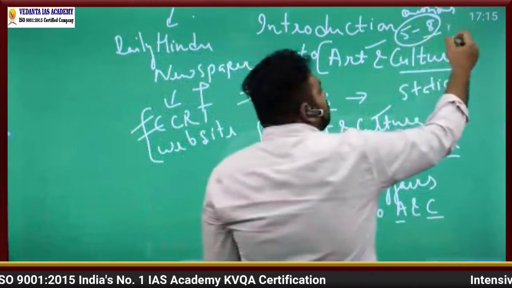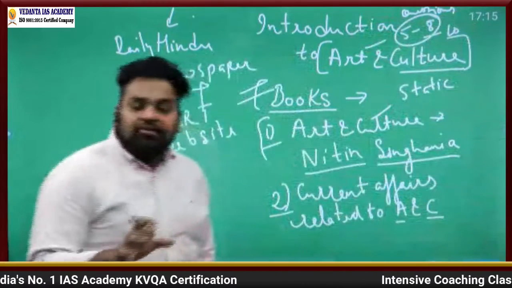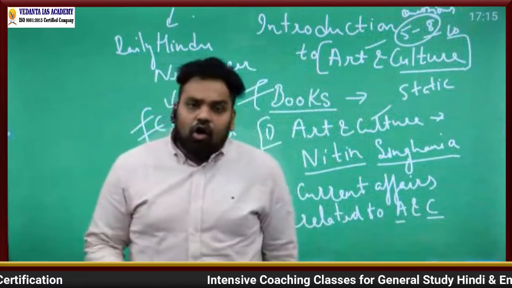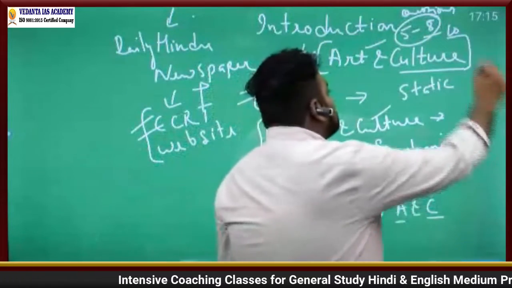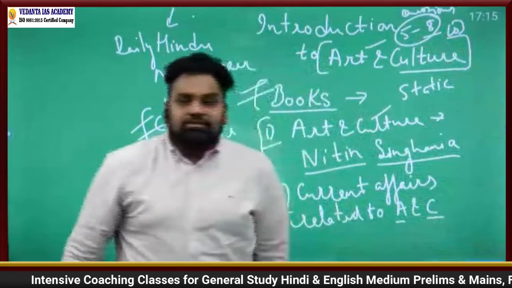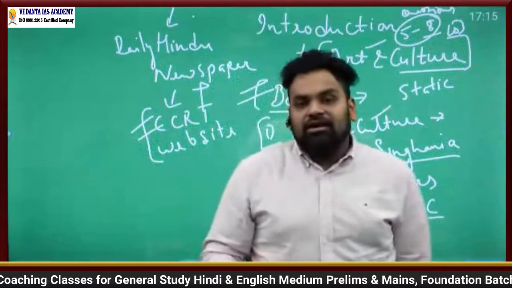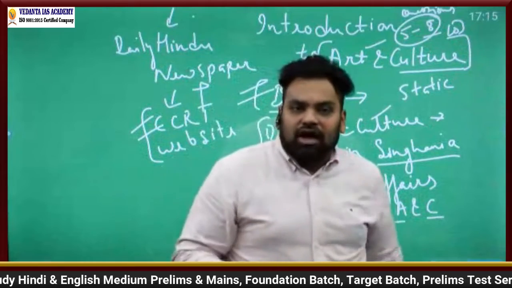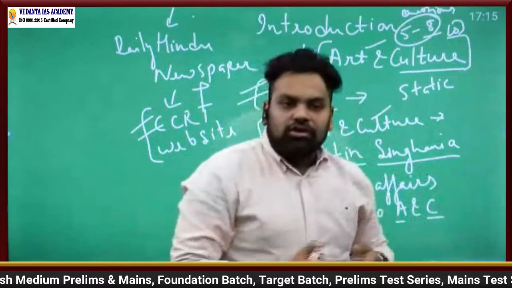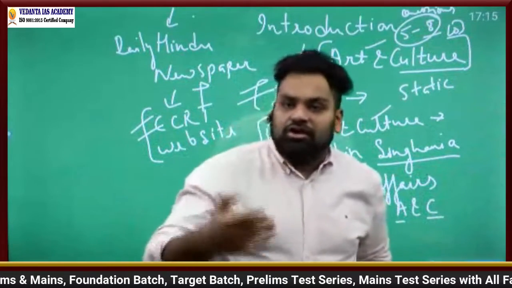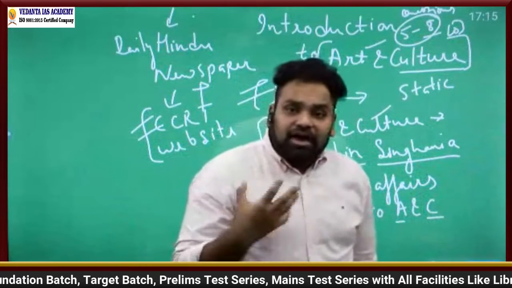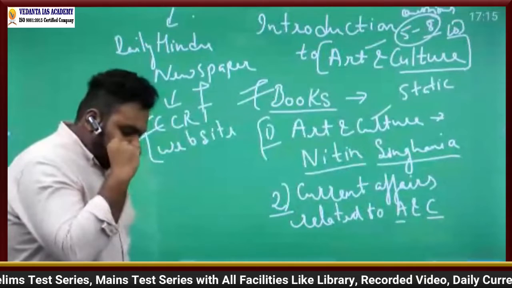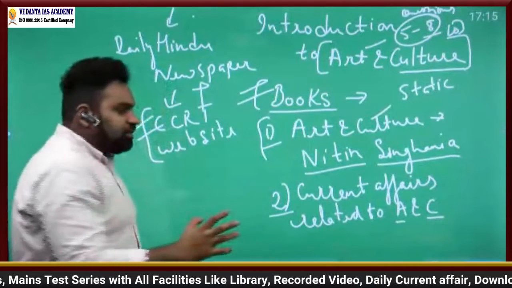Sometimes the figure might also go to 10. 5 to 8 or 9 questions is the average for art and culture. That is why we are stressing it as a separate topic from ancient, medieval, modern, and world. So this is the fourth module in the line of historical importance. That is why art and culture is a very, very interesting study. So this is the basic information which we need.